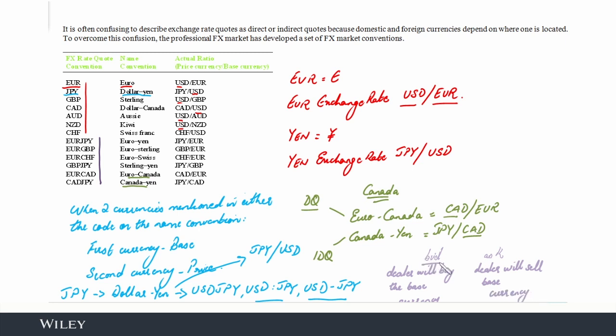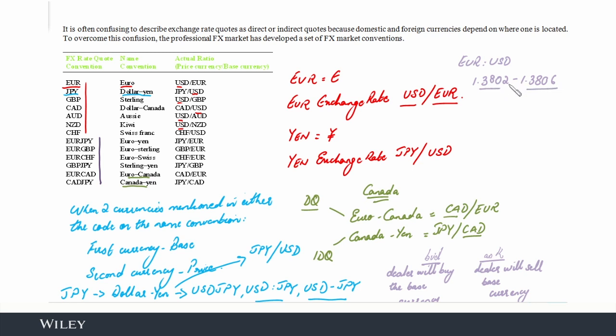So since the dealer always wants to make a profit, the bid price must be lower than the ask price. So let me just work with a quick example over here. If you have a euro USD exchange rate quote of 1.3802 and 1.3806, you know that this is the bid price and this is the ask price.